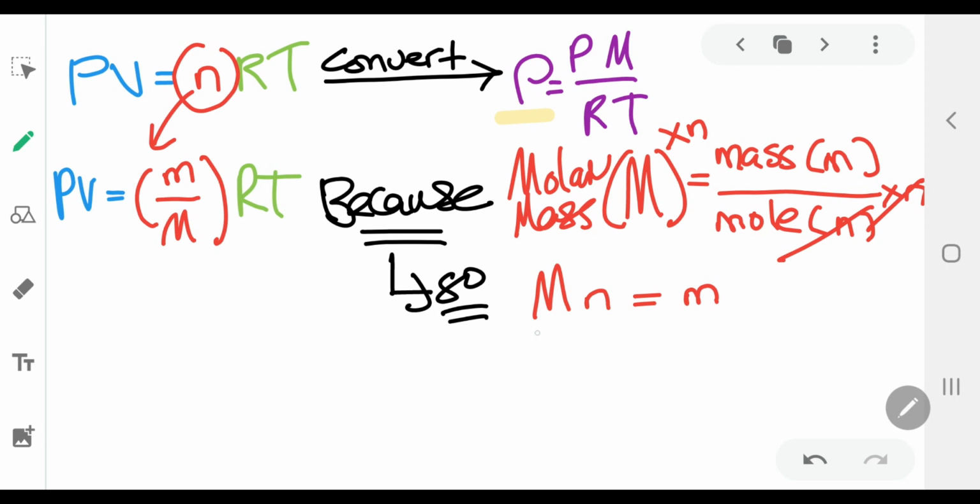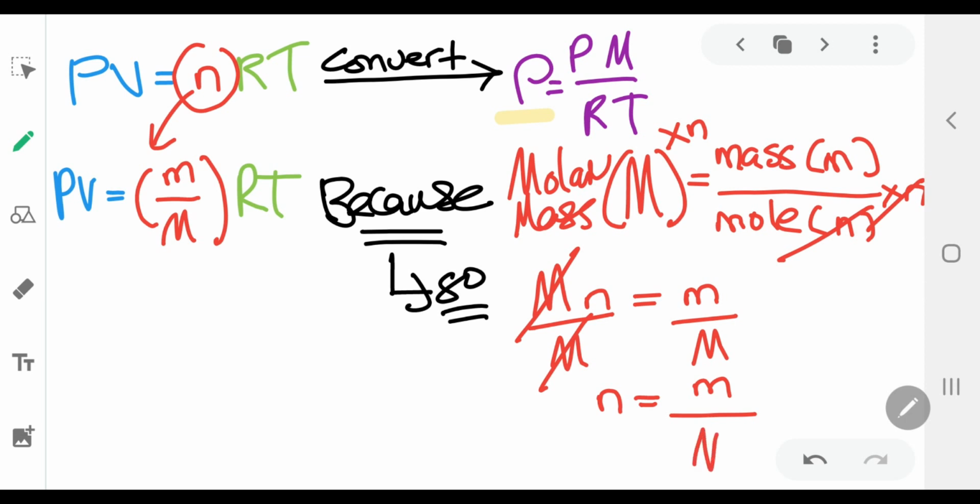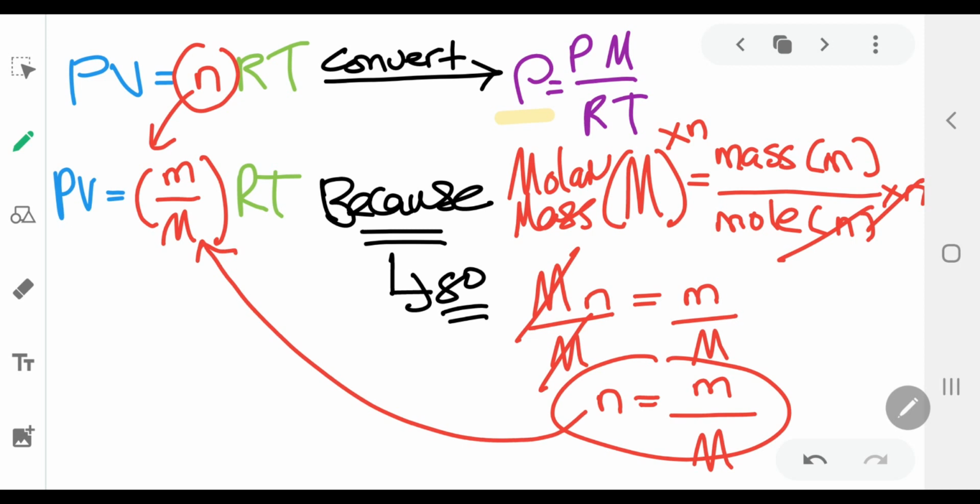If I divide by big M on both sides, it cancels out, leaving you with the number of moles equals mass over molar mass. So this is the one that we have gotten over here. That is the first thing you need to know.